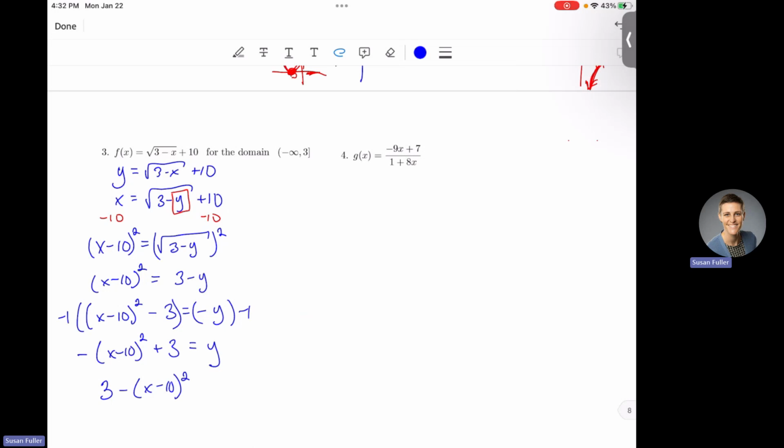Right? These two things are exactly the same. And if you want, you can replace y with f inverse of x. You can absolutely leave it the same if you like the negative quantity (x minus 10) squared plus 3. You can absolutely leave it like that. But if your brain wants to switch it around, go ahead and do that.